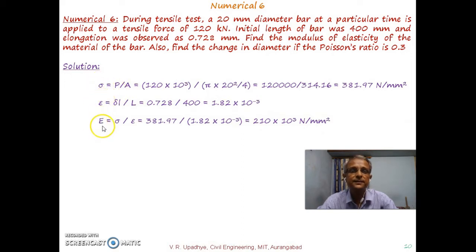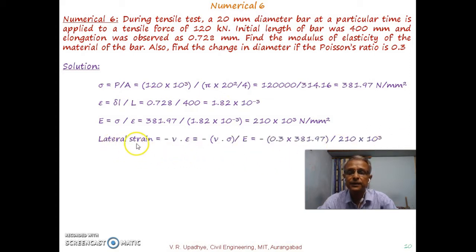So Young's modulus is capital E equal to sigma divided by epsilon. You can calculate this and it gives you 210 into 10 to the power 3 newton per mm square, or you can write it as 210 GPa, or in whatever units you want. Everything here was used in newton and mm, so this is newton per mm square.